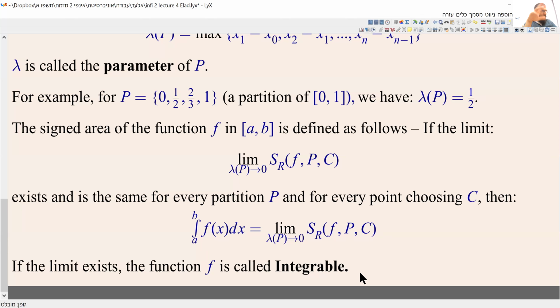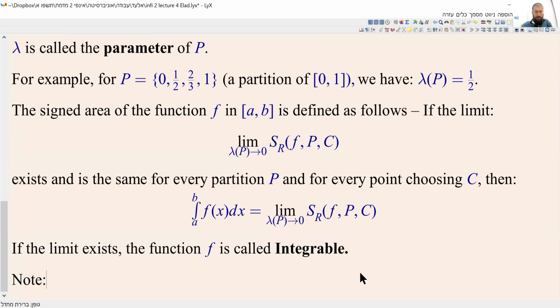Secondly, I want to give an example of a function that does have an integral, and how we calculate it from the ugly definition, and then we can move forward to a function which is not integrable. And I said three things, not just two. And the third thing is that it's clear from the definition, but I didn't write it explicitly, so I want to write it down explicitly.